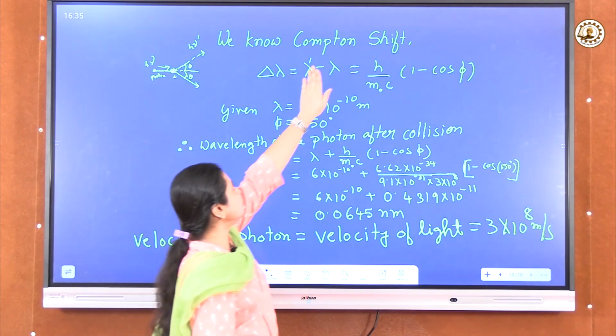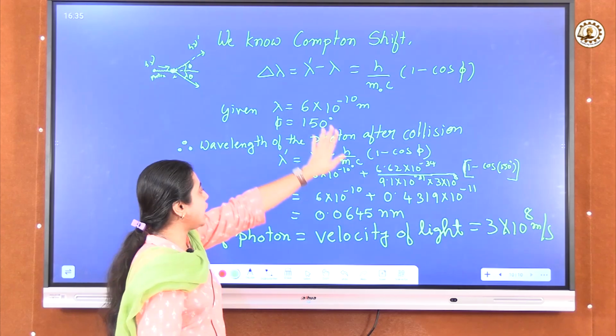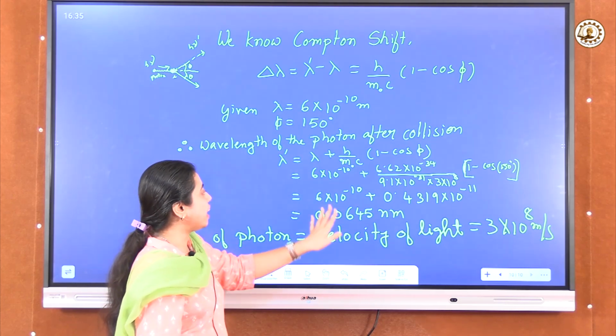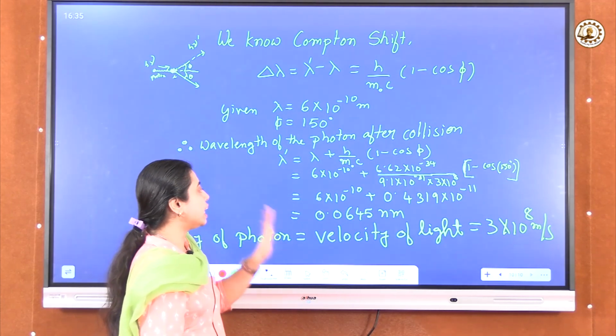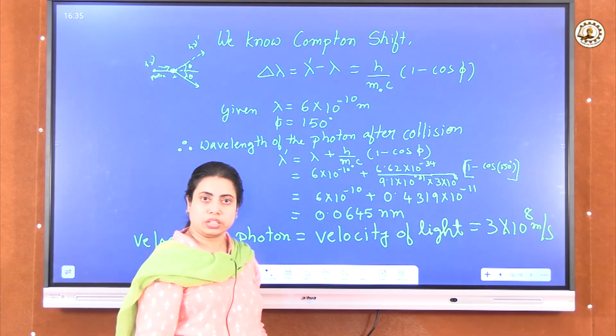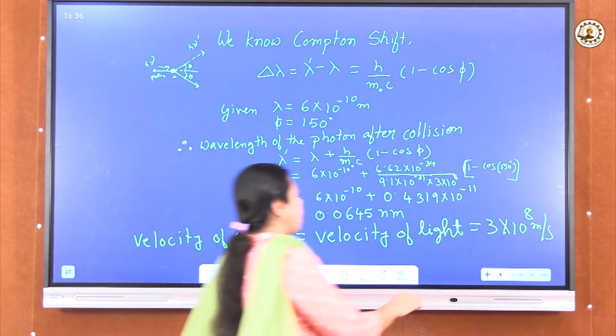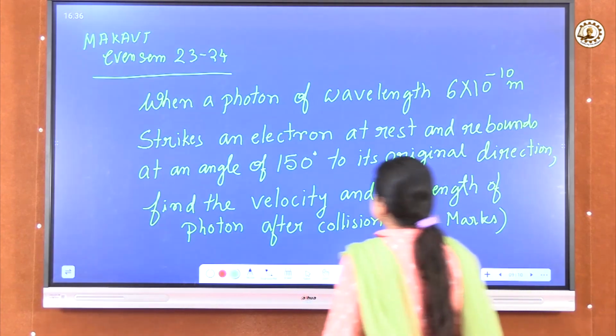I just shifted lambda to this side. As usual, I will put all the values here and I will get the answer: 0.0645 nanometer.